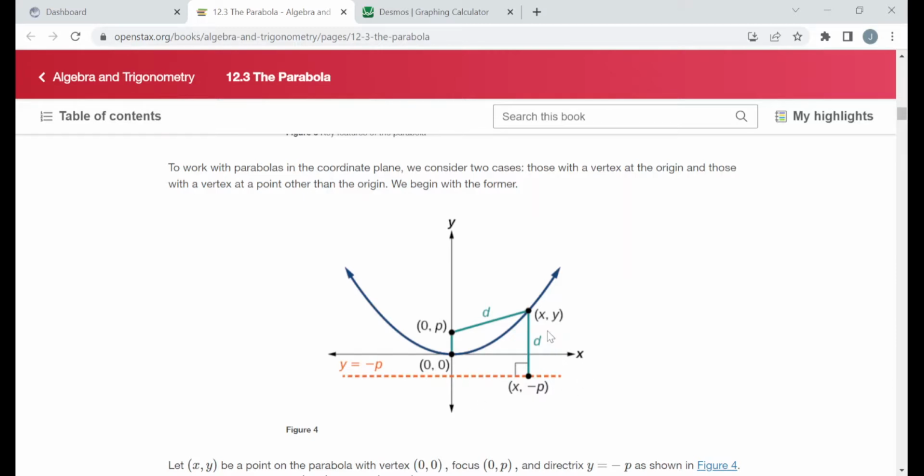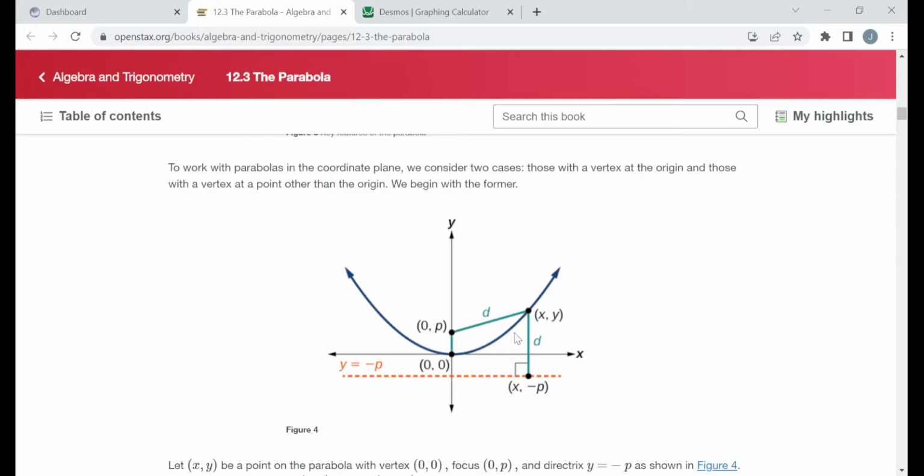And why we find the focus and directrix is this. If you take any point on the parabola, like this point (x, y), find the distance to the focus, the point (0, p), and then find the distance straight down to the directrix, going parallel to the axis of symmetry or perpendicular to the directrix, that distance will be exactly the same as the distance to the focus.